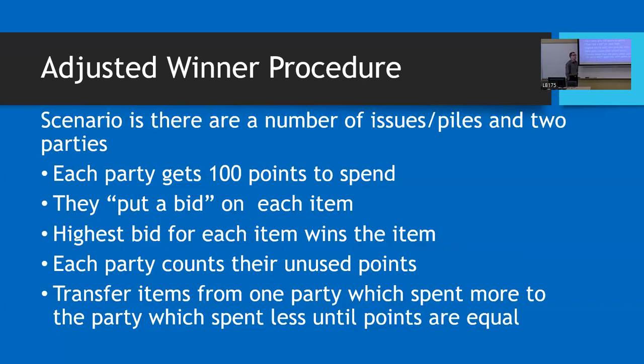So after we give the highest bid on each item to the person who made it, we count how many points are used and how many points are unused. And then we try to transfer items in order to balance out the points the best we can.